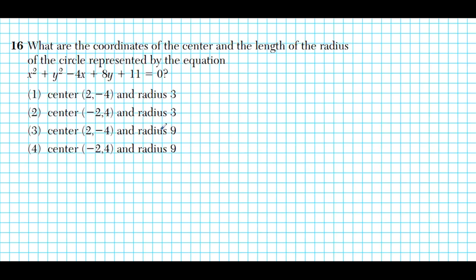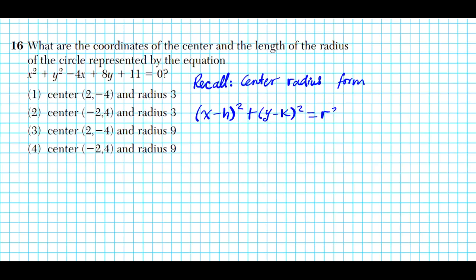Alright, so let's go over the center radius form of a circle real quick. Recall, the center radius form of a circle is given by (x minus h) squared plus (y minus k) squared equals r squared.